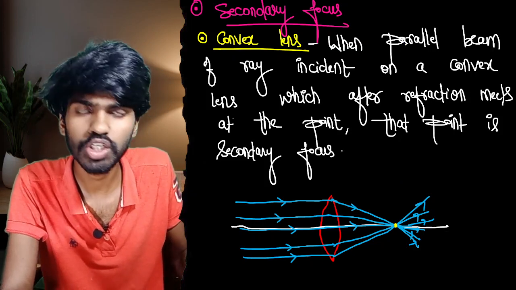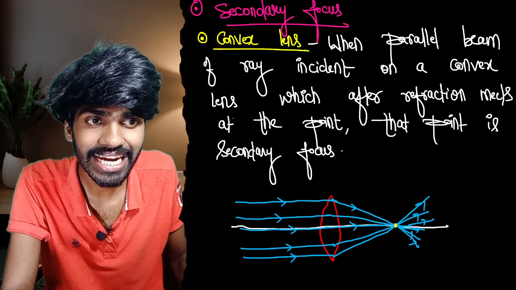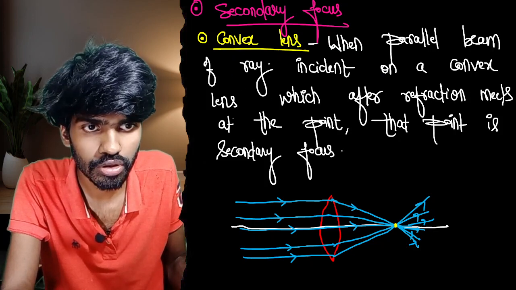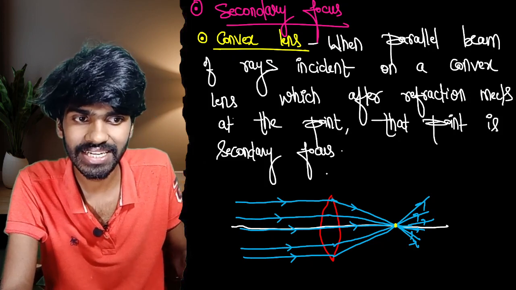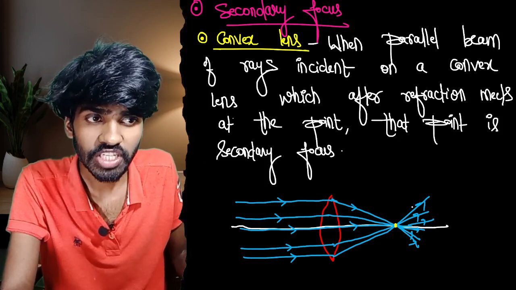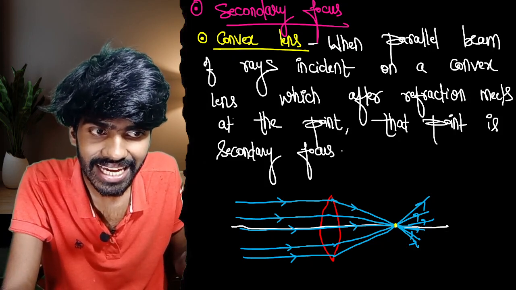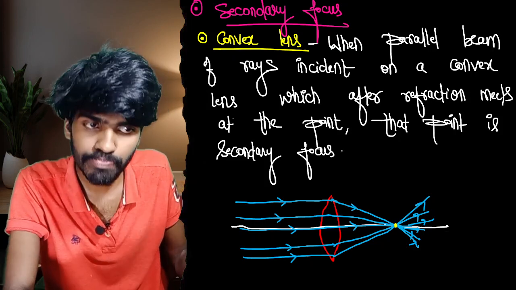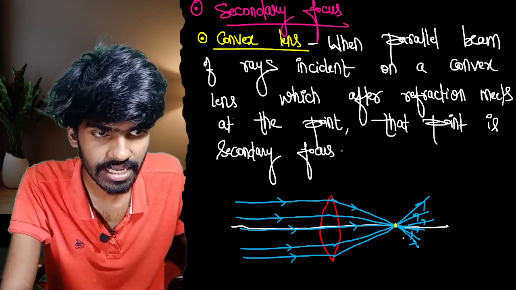So in the definition you will understand it more properly now. You should write: when a parallel beam of rays is incident on a convex lens, which after refraction meets at the point, meaning after refraction they meet at this point, this point is known as the secondary focus of the convex lens.